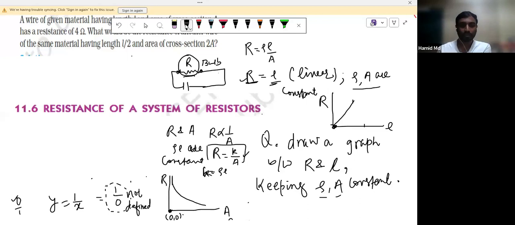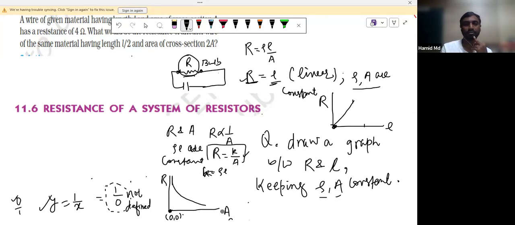Yes, sir. Have you seen this graph in your math class? So actually science is interconnected. Science and mathematics are interconnected. We have to connect knowledge from one branch to another branch, then only will you feel the beauty of science. Clear? So if we draw the relation between R and 1 over A, it will be like that.